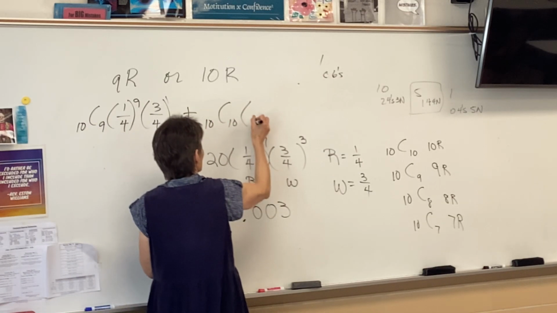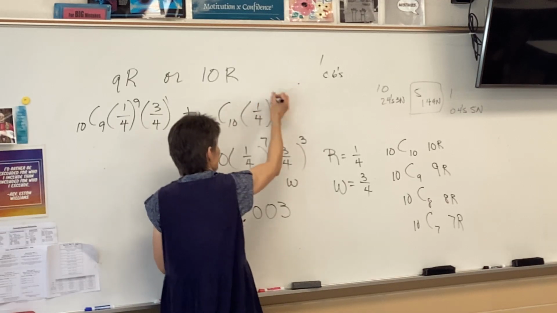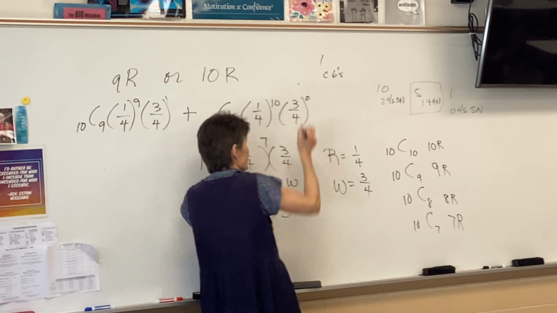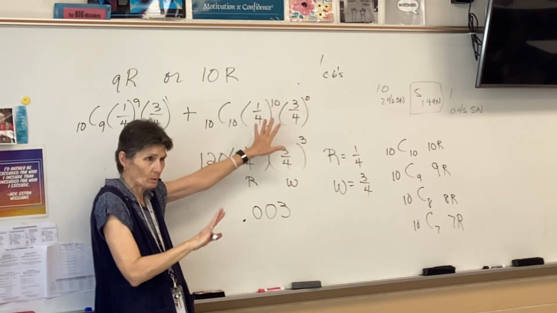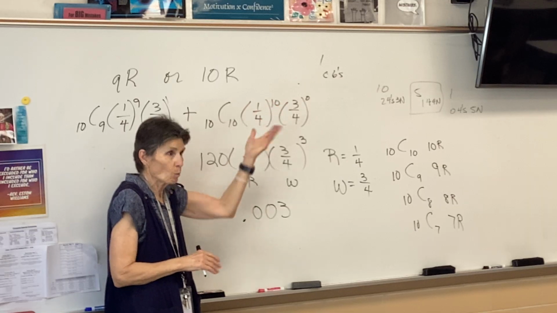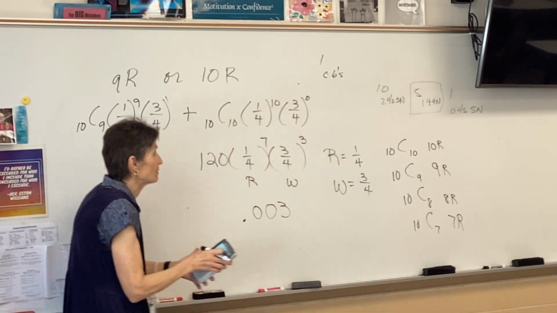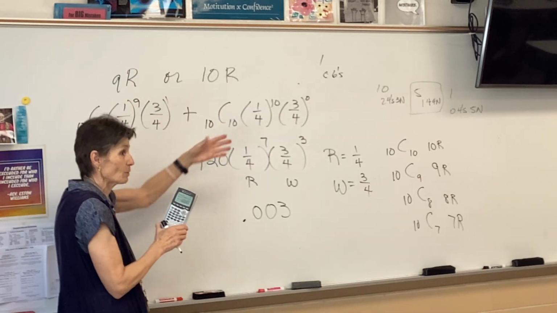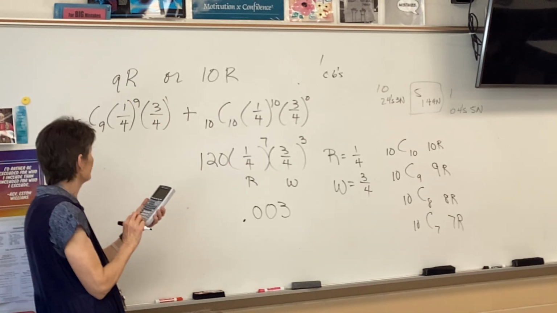10C10, 1/4 to the 10th times 3/4 to the 0. You don't actually need to include that one if you don't want to, because what's 3/4 to 0? So you don't need to put that in there. Because you have 9 right or 10 right, you want the total probability.